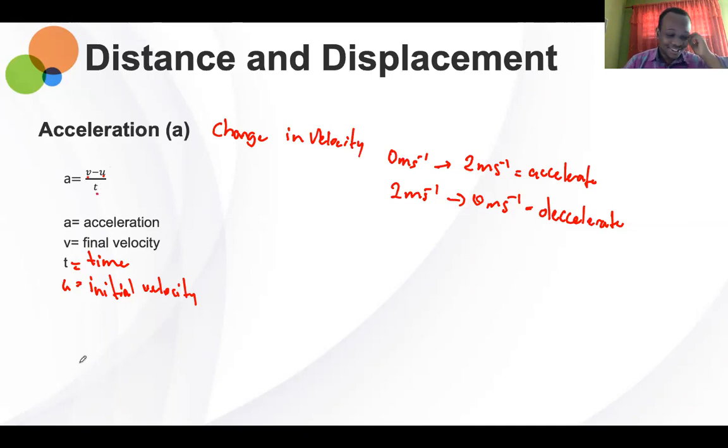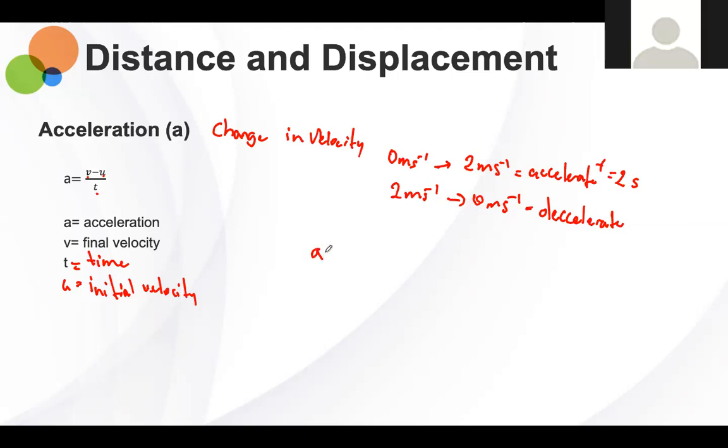If our initial velocity is 0 and our final velocity is 2, and that is done in 2 seconds, so time equals 2 seconds, what would our acceleration be?